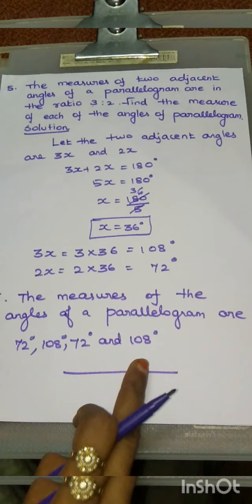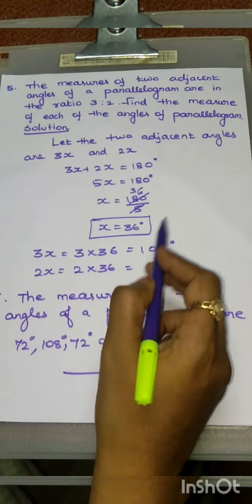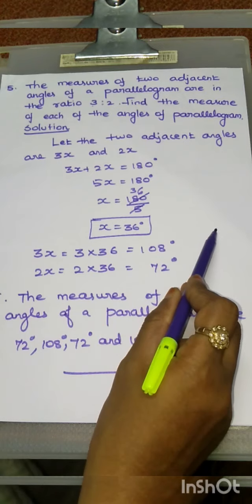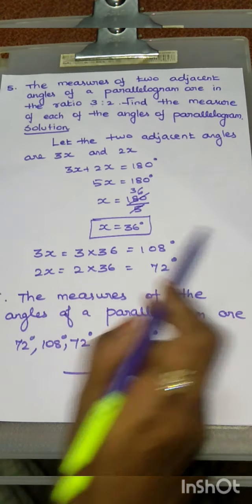Using the condition opposite angles are equal. The sum of any two adjacent angles is 108 and 72. So the opposite angle is 72. Another one, opposite angle is 108.